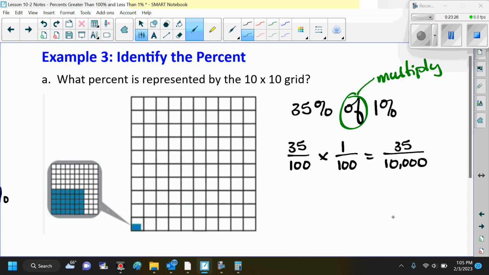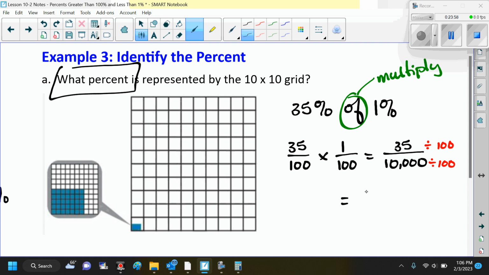Now, we want to write this as a percent. Remember, percent means per 100. So that means we want this denominator to be 100. We want the decimal to go 2 places to the left. If I'm moving the decimal 2 places to the left, that means we are dividing, and because we're going 2 places, we're dividing by 100. So I'm going to divide the numerator and the denominator by 100.